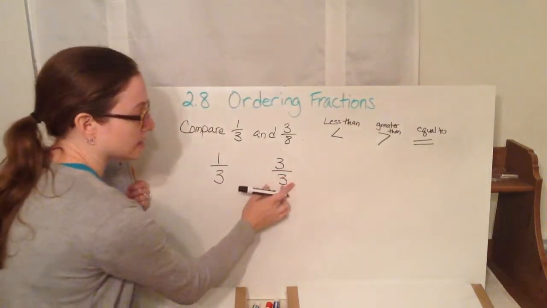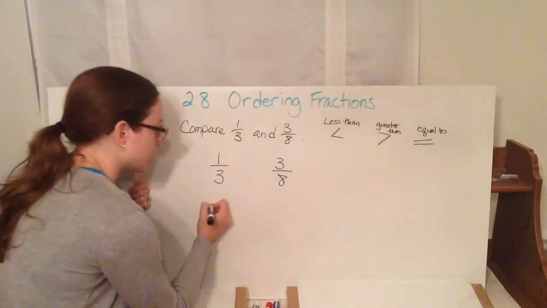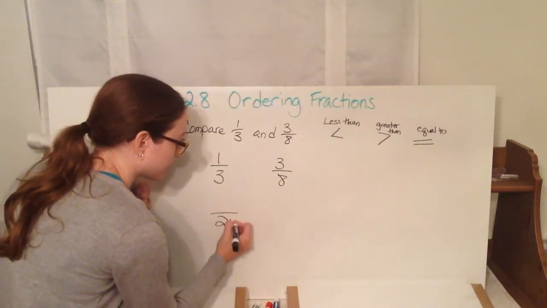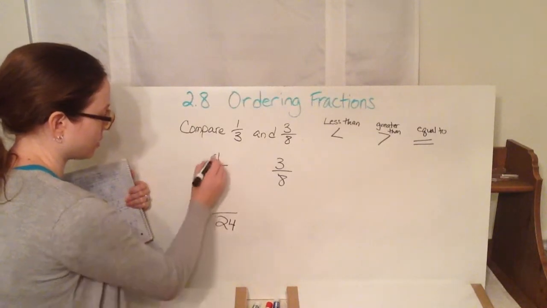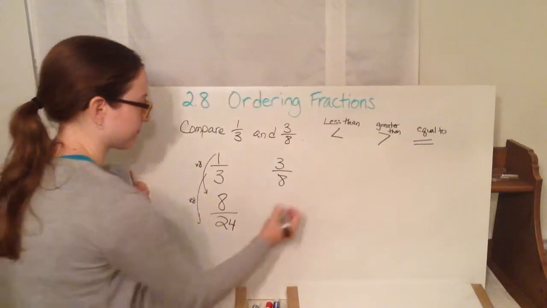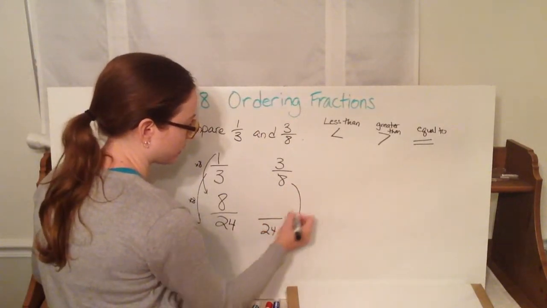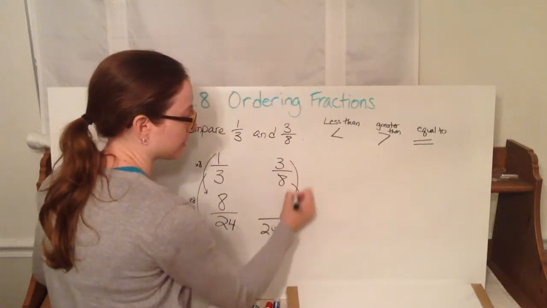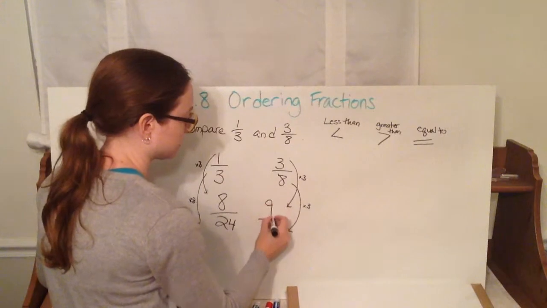This becomes 24, and I got that by multiplying by 8. So I'll do the same thing to the top. 1 times 8 is 8. 3/8 is going to give me a 24 as well, but now I'm multiplying by 3. Do the same thing to the top. 3 times 3 is 9.